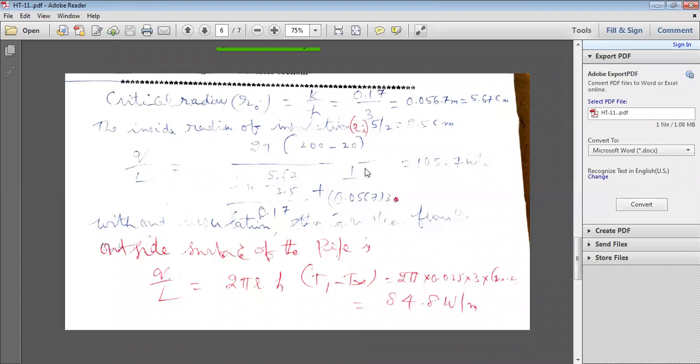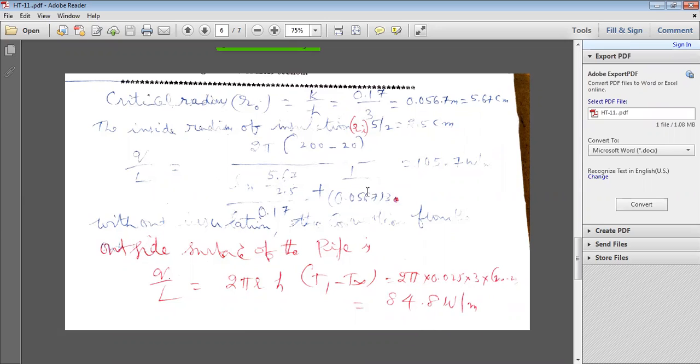So 200 minus 20, divided by ln, natural log, of R_o by R_i, that is 5.67 divided by 2.5, divided by k, the k value 0.17, plus 1 by R_o h.